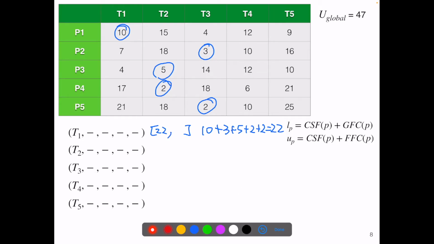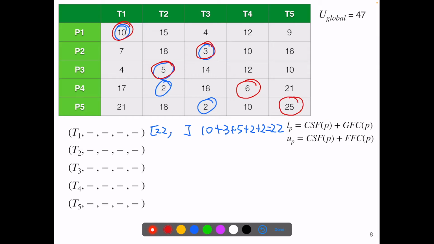For the upper bound, we need to figure out the feasible future cost, FFC. So now we need to come up with a feasible solution by extending the first partial solution. We can apply the same greedy heuristic. With T1 assigned to P1, we assign T3 to P2, and then we assign T2 to P3, and then we assign T4 to P4, and then we're left with T5 assigned to P5.